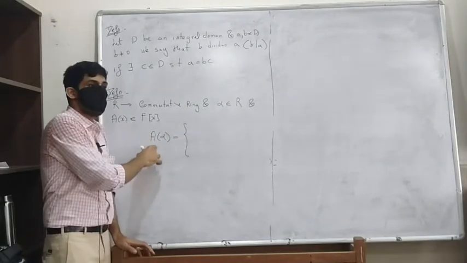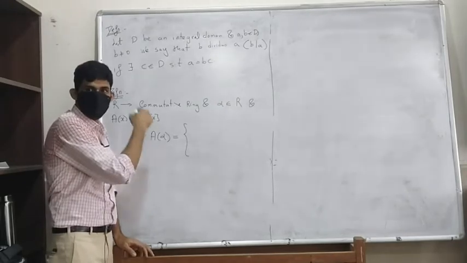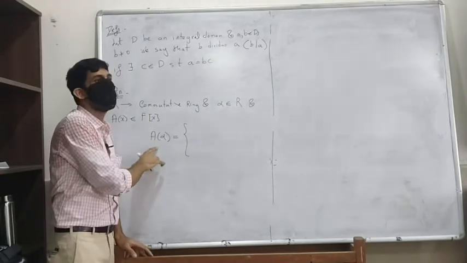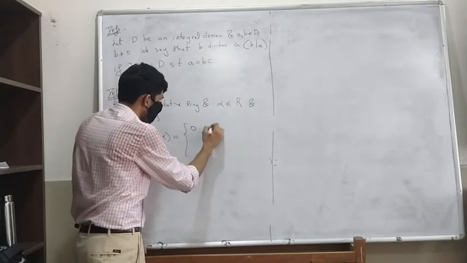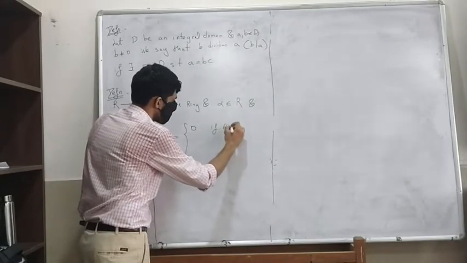That is, if A is the zero polynomial, I am going to define A(alpha) to be 0 itself.